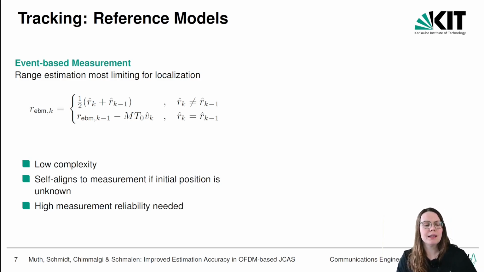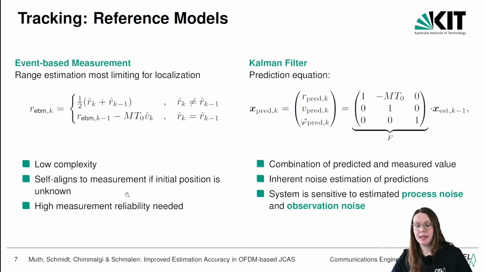It also self-aligns to the measurements if our initial position is not well known, but we need a high reliability of our measurements. Then on the other hand, we applied a Kalman filter. You can see the prediction equation. The first one is the same one that we just used for the event-based measurement. And then for the velocity and the angle, we predict that it stays, because we don't really implement a movement model for these.